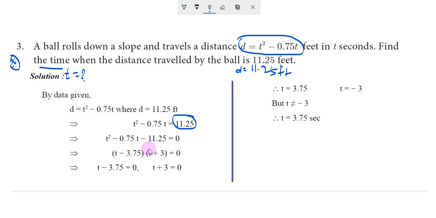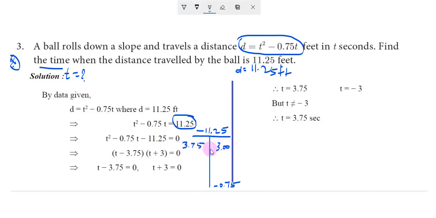Okay, now look, when we multiply we need minus 11.25, and when we add we need minus 0.75. So shall we take 3.75 into 3.00?